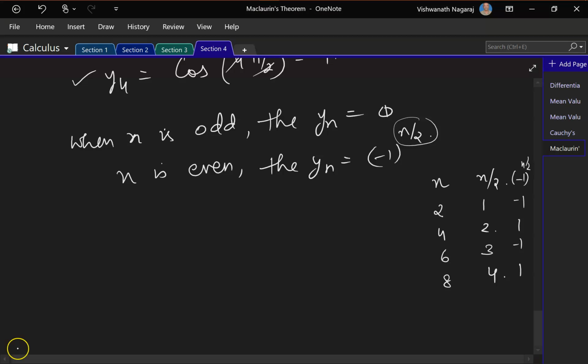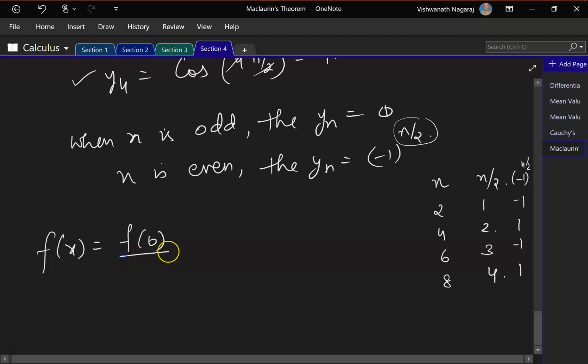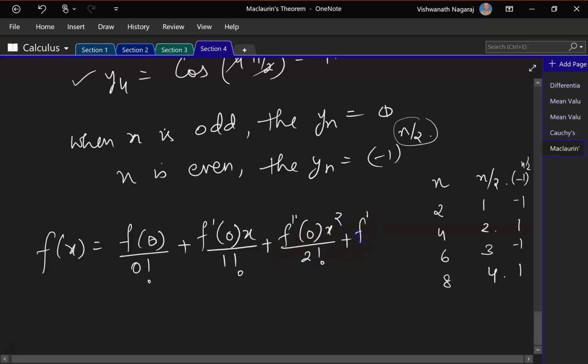Okay, so what happens to our function? f of x is equal to, remember, Maclaurin's expansion says f of 0, plus, if you want to remember it like that, f prime of 0 times x by 1 factorial plus f double prime of 0 times x square by 2 factorial plus f triple prime of 0 times x cube by 3 factorial, and so on.